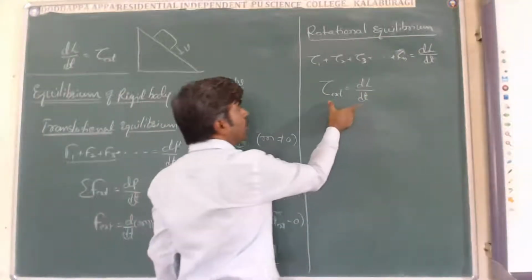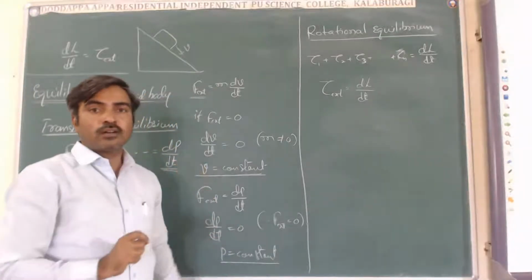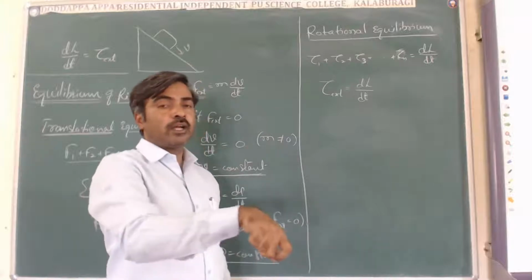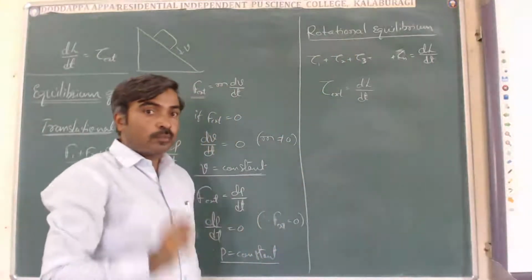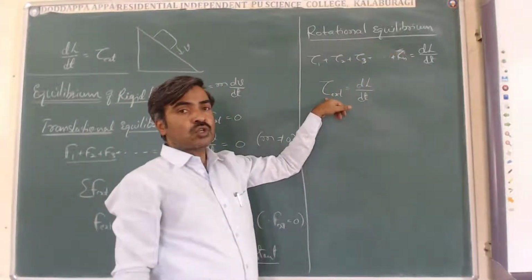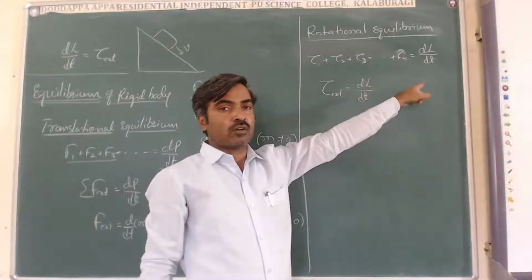So the meaning of this expression is that when an external torque is applied on a body, that will produce a rotational motion. But what the equilibrium condition is, the torque should be such that the angular momentum should be constant.